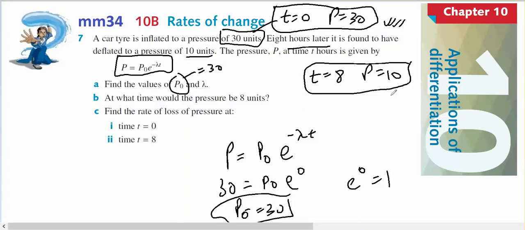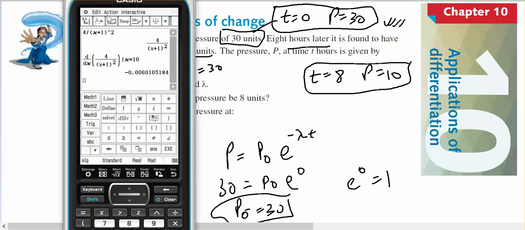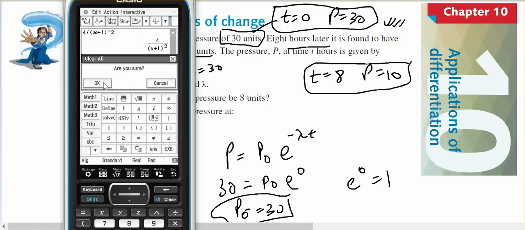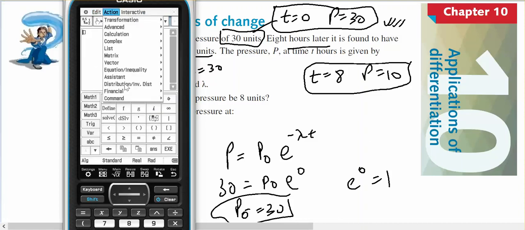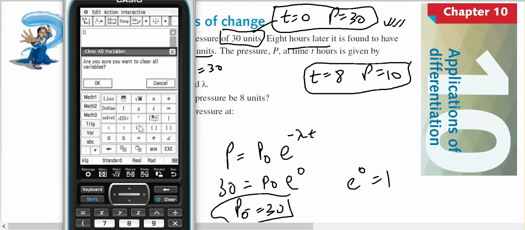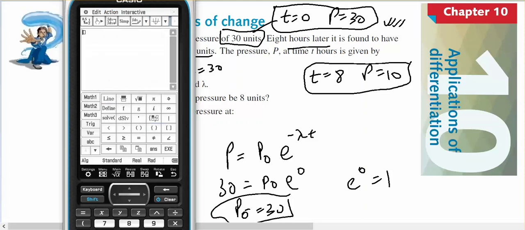So my second piece of information, I might use my calculator. And since I've got two pieces of information, so Edit, Clear All, okay. Edit, Clear All Variables, okay. Action, Command, Clear a-z, just to make sure everything's hunky-dory.